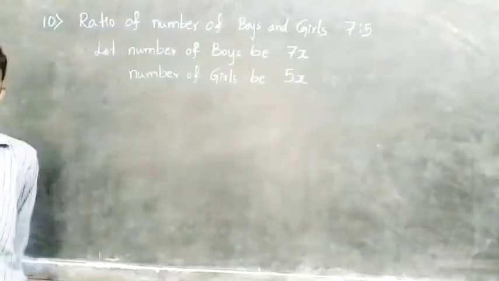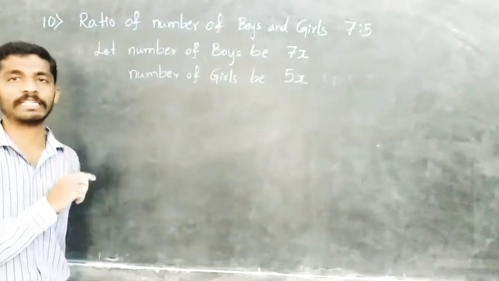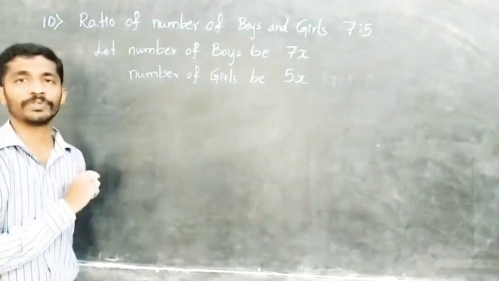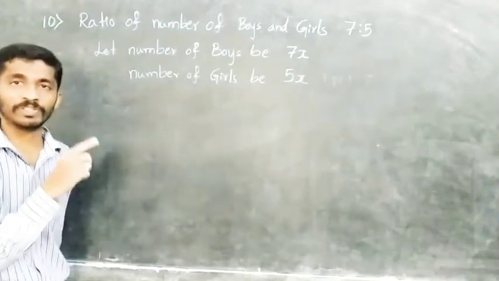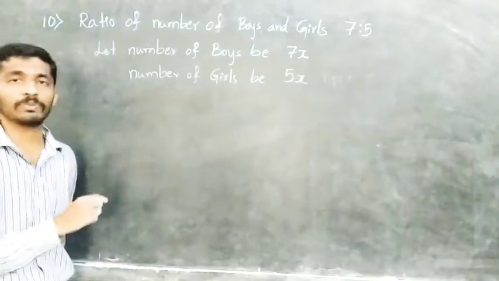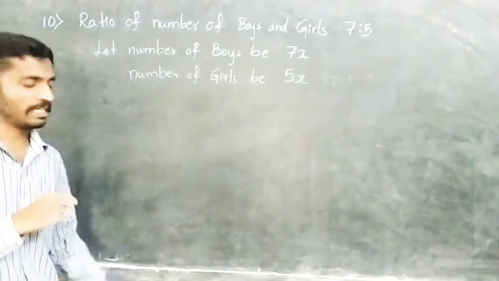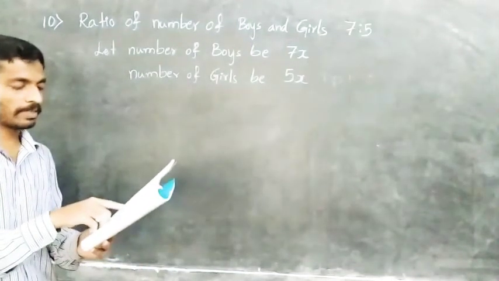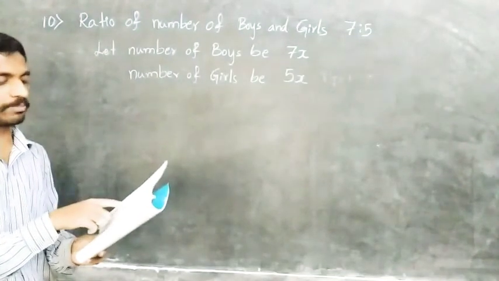In the 10th problem, they gave the ratio of the number of boys and girls in a classroom as 7:5. For that, the number of boys will be 7x and the number of girls will be 5x. But they gave another condition: the number of boys is 8 more than the number of girls.